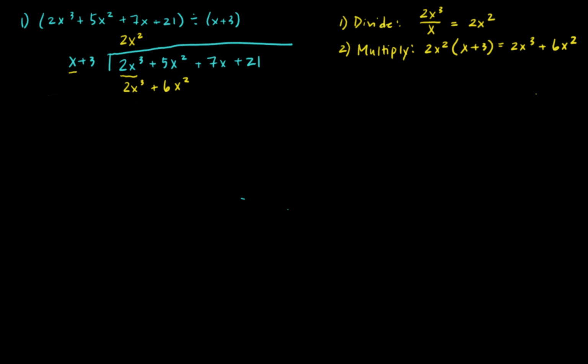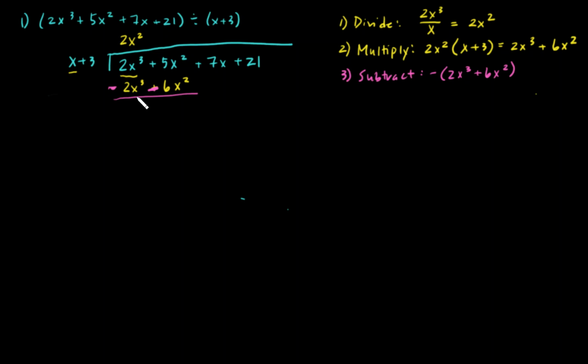Now, number 3, we are going to subtract. When we subtract this 2x cubed plus 6x squared from the part of this dividend, remember we put a negative here, but this negative distributes into this binomial, and so we can actually put negative 2x cubed minus 6x squared, and this changes the sign to a negative.